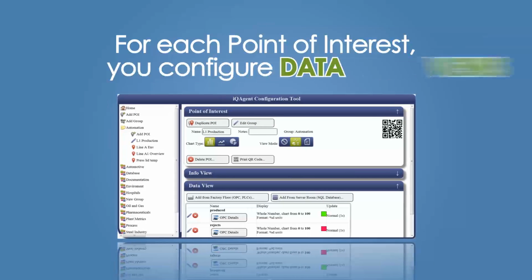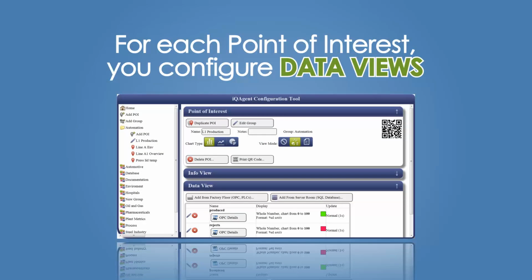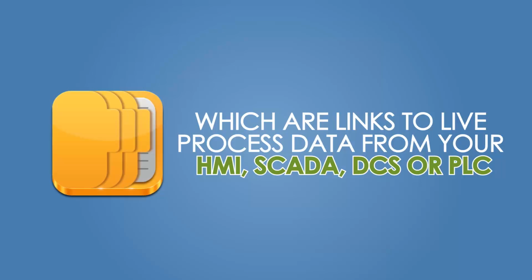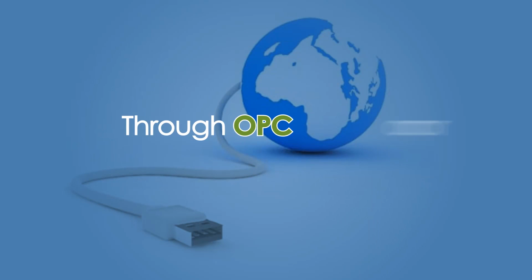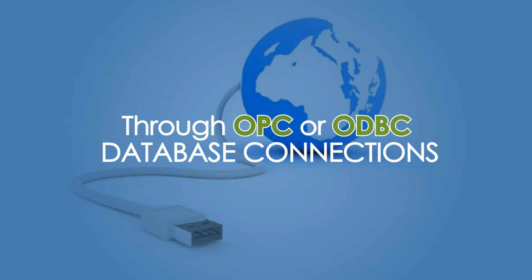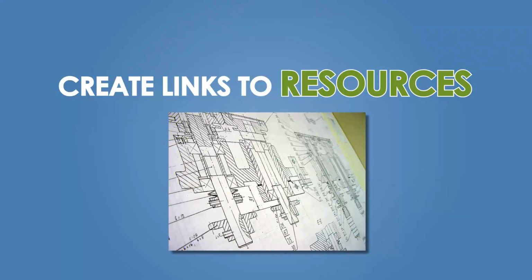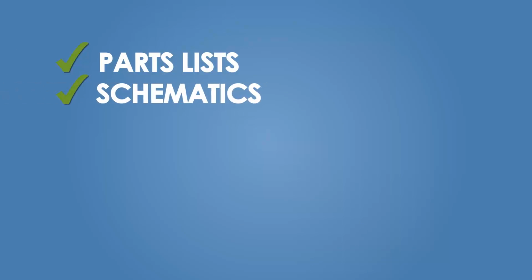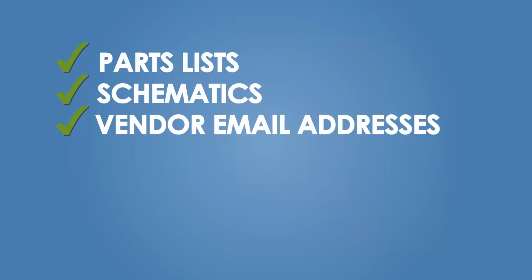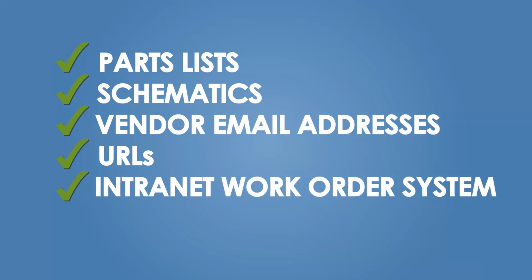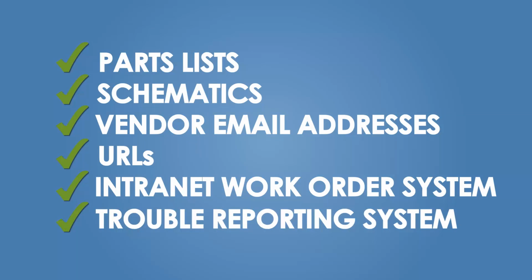For each point of interest, you configure data views, which are links to live process data from your HMI, SCADA, DCS or PLC, through OPC or ODBC database connections. You will also configure the Info view, allowing you to create links to resources like parts lists or schematics, vendor email addresses, and URLs for your document server, intranet work order system, or trouble reporting system.